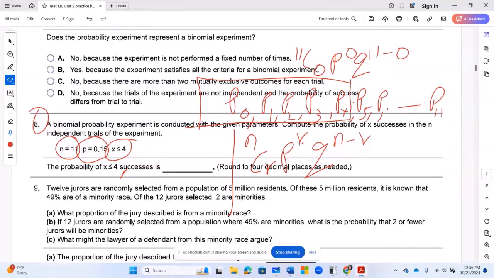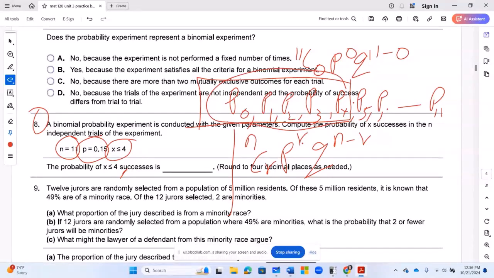But I'm not doing it one by one because it's going to take me all the time. I want to do it together, so I'm going to use the binomial cumulative density function and accumulate from 0 to 4 altogether. If I'm told to make a table, then I can do it one by one.